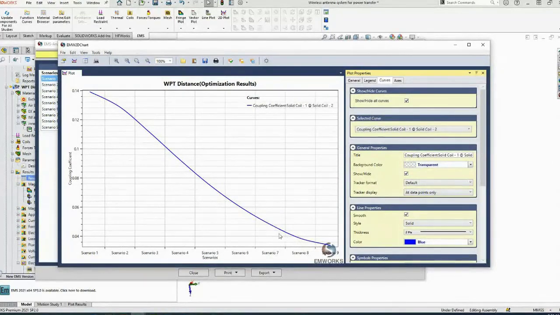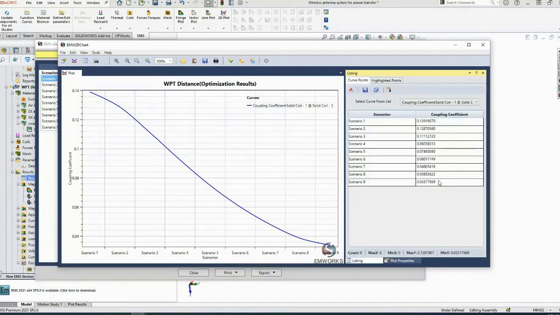This is one of the problems with basic wireless power transfer: it is very dependent on the distance between the coils. You can view the results in a text format if you wish.